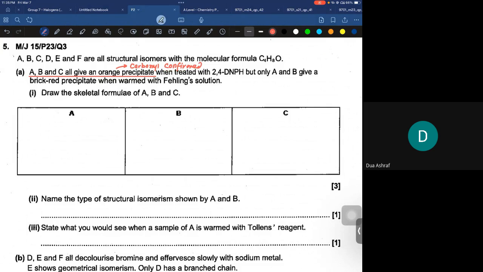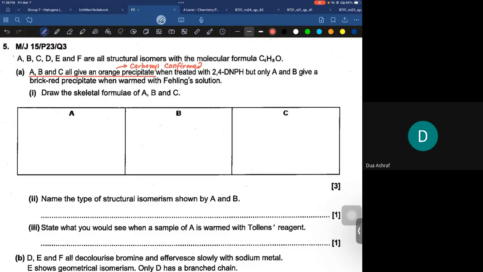Carbonyl may be aldehyde and carbonyl may be ketone. But according to the given statement, it is confirmed that they all contain the carbonyl group. But only A and B give a brick red precipitate when warmed with Fehling solution. Now we are in doubt: I know that they are going to give us the positive test for the carbonyl compound, but what the carbonyl compound is, whether it's aldehyde or ketone?